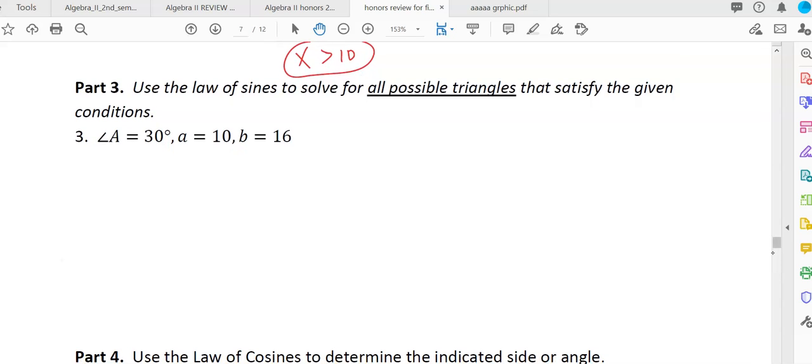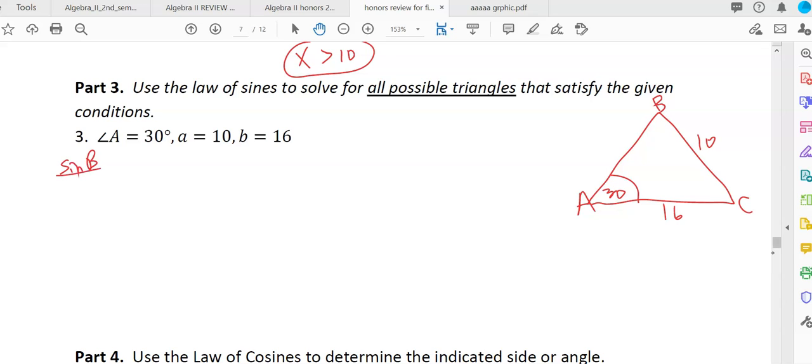Use law of sines, find all possible triangles. So let's kind of draw this out over here. So A is 30, little a is 10, little b is 16. So I'm going to solve for B first. So sine of B over 16 equals sine of 30 over 10.